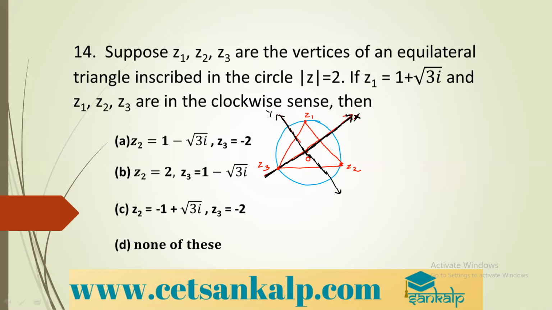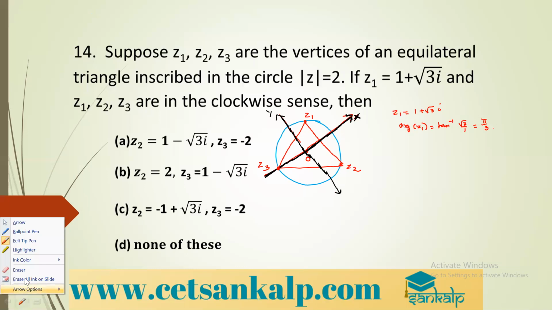Now Z1 is given to me. Z1 they gave 1 plus root 3i. Remember that. Because Z1 is given, if I find argument of Z1, it will be tan inverse y by x. That is pi by 3. So what is argument of Z1? I will show with the help of a line.